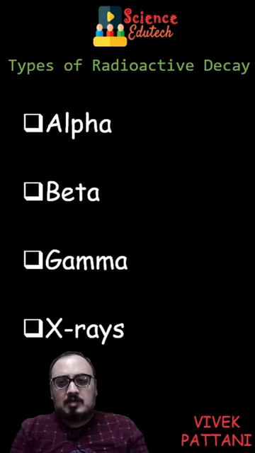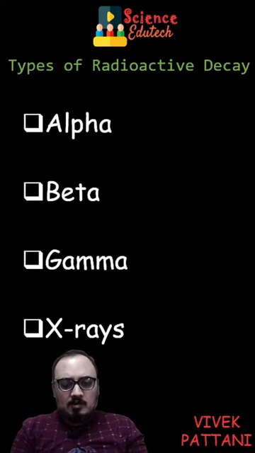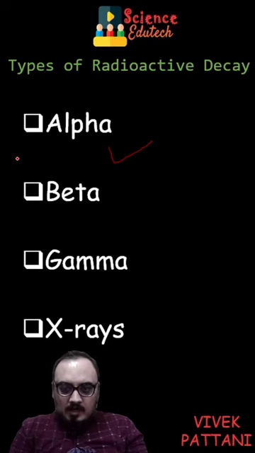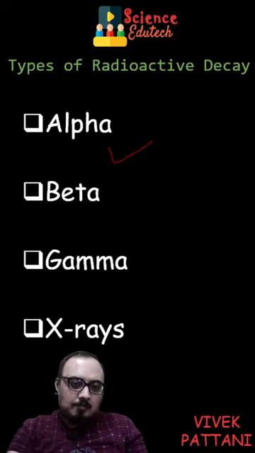Now, what are the types of radioactive decay? As these radioactive isotopes emit different types of radiation: alpha, beta, gamma, and X-rays.